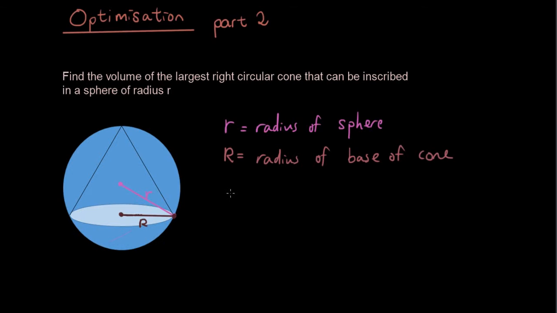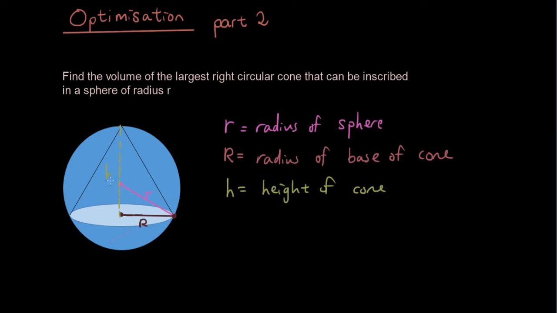And I'm going to define a variable called h, and that is the height of the cone. So that will be this length here. The height of the cone is h. Let me just try and draw a straighter version of that.